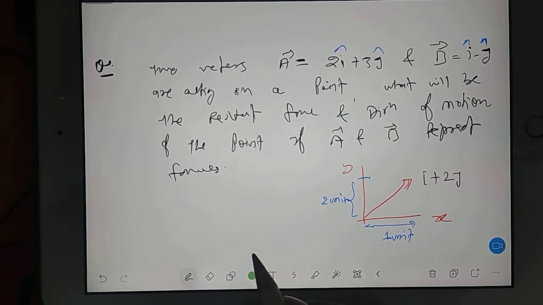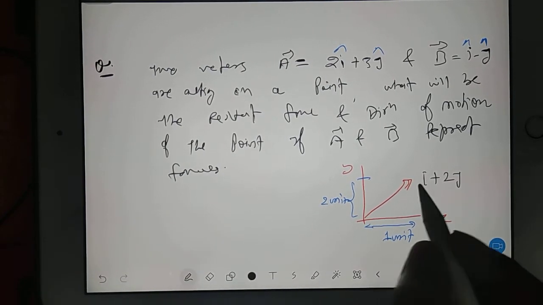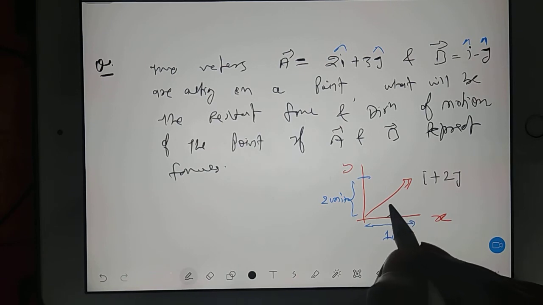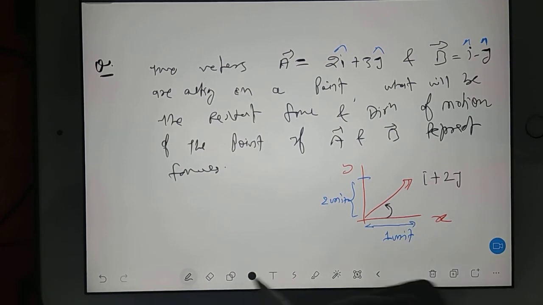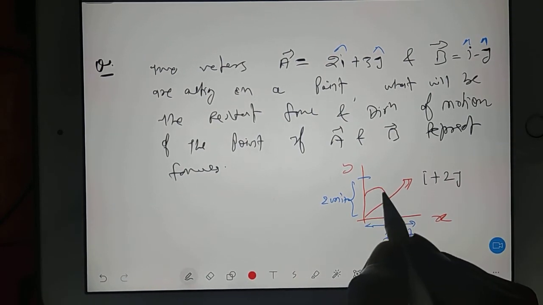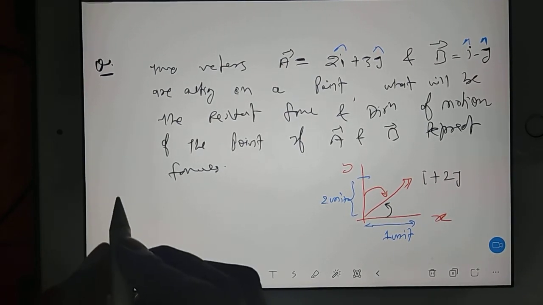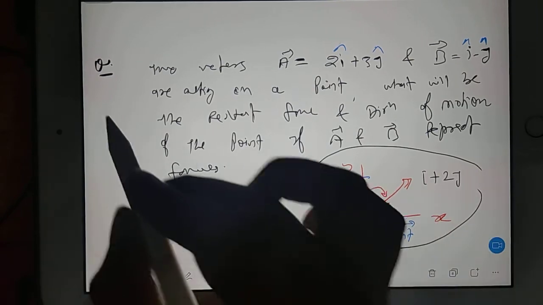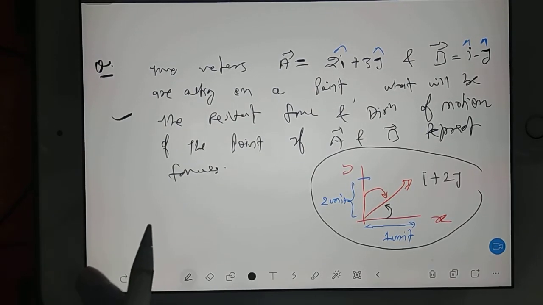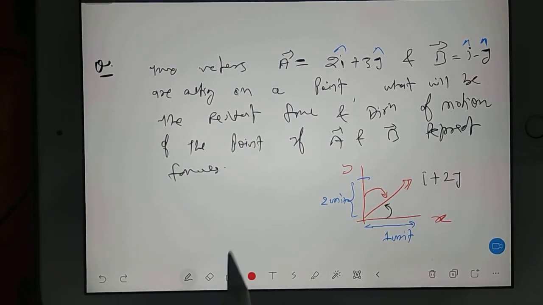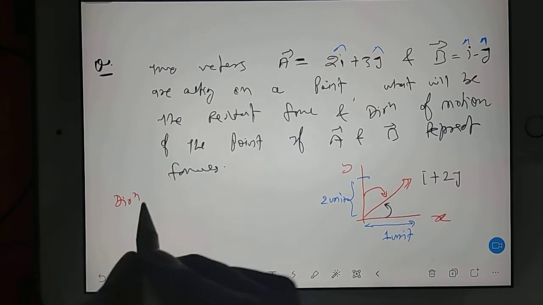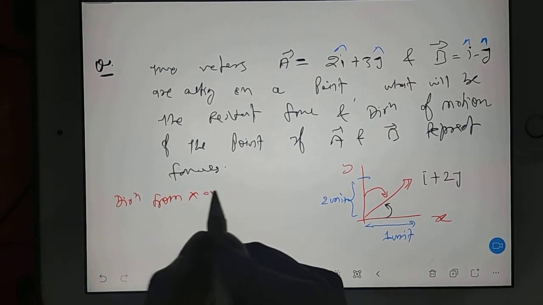So if you want to find out the direction, there are two ways to say the direction. You can say the direction from the x-axis, or you can say the direction from the y-axis. Right? There are two ways. Suppose this example is not from this question. Simply I want to explain something. That's why I'm taking this example. Suppose I want to find out direction from x-axis.